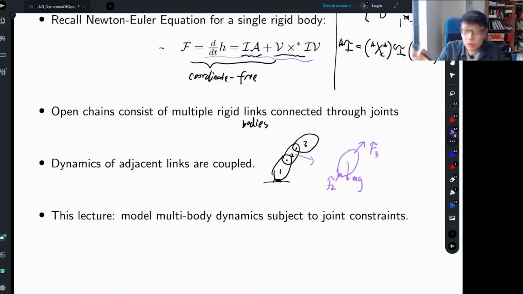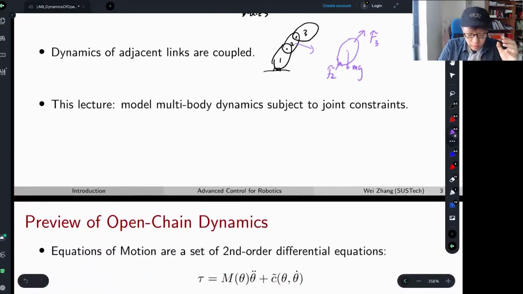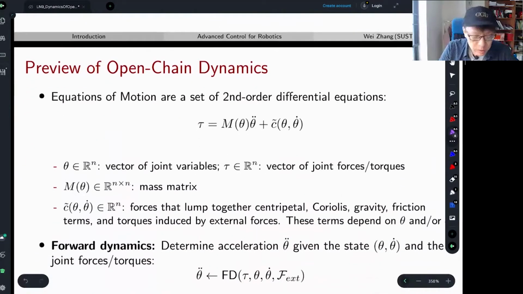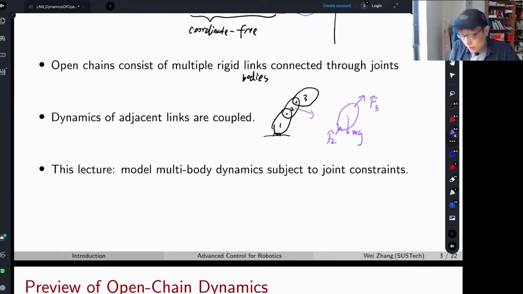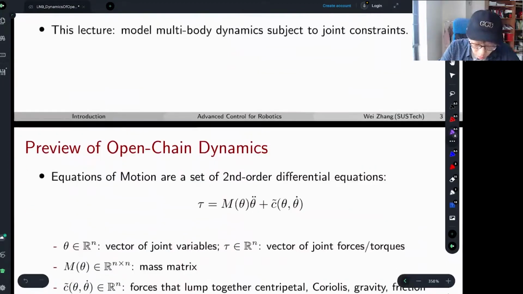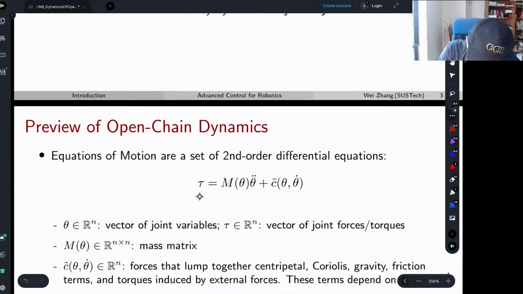But you have a chain of robots, a chain of different bodies, and their restrictions are sometimes a little bit more involved. What we are trying to do is have a systematic way to derive the entire equation of motion, not only by looking at each body separately. We hope we can derive this dynamic equation in the joint space, because all the motion and the force are provided by the joints. So overall, what we're looking for today is to derive this.